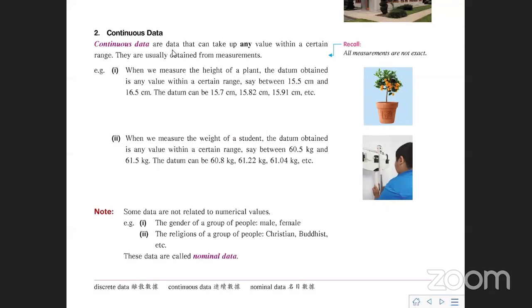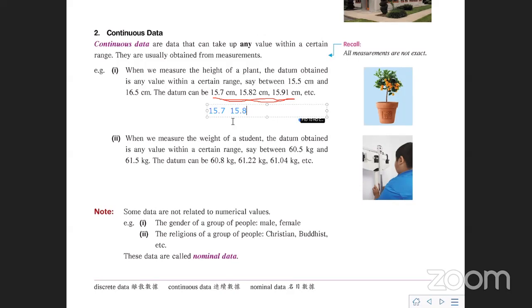Okay. And then the other one is called continuous data. Now, see whether you can understand this part. Take up any value within a certain range. For example, measurement. In this case, you may think that if I have, for example, 15.7, then the next one will be 15.8.